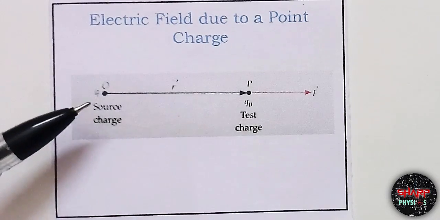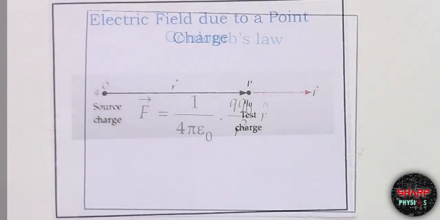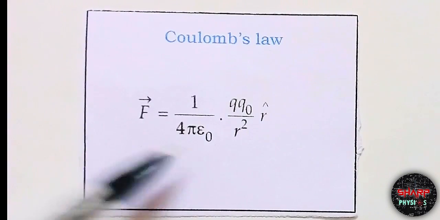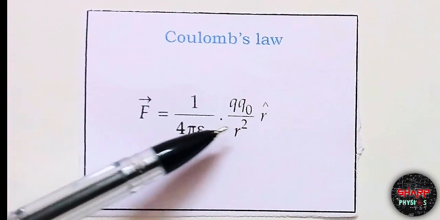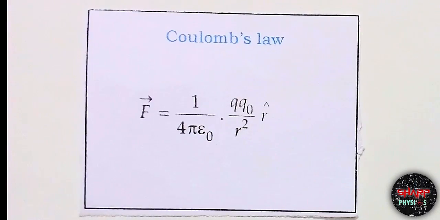So there is a force which is created from the source charge to the test charge, and the force is indicated by F. According to Coulomb's law, F is equal to 1 by 4 pi epsilon 0 into Q Q0 divided by R square into R vector, where F is the force created between the two charges, epsilon 0 is the permittivity of free space, Q is the source charge, Q0 is the test charge, and R is the distance from the source charge to the test charge. So this is Coulomb's law.